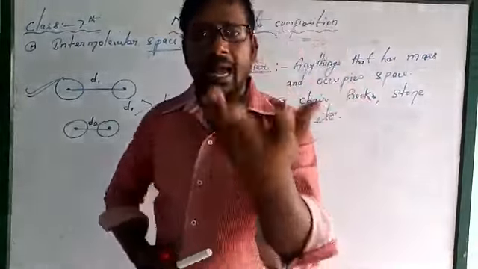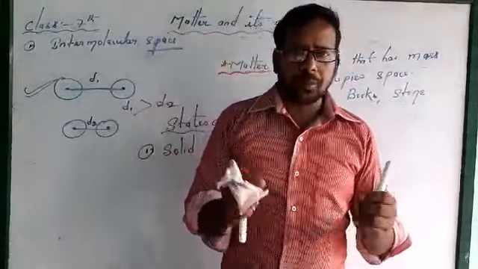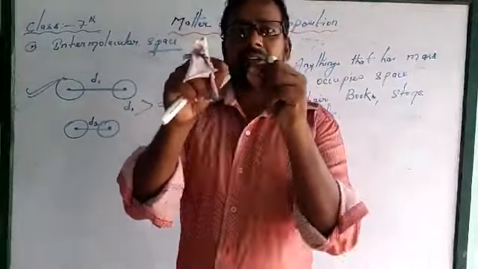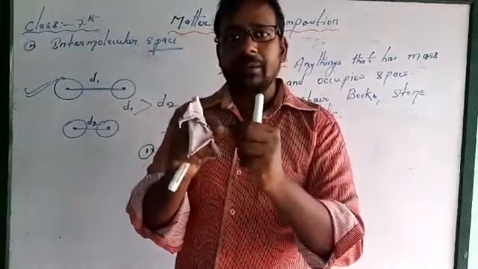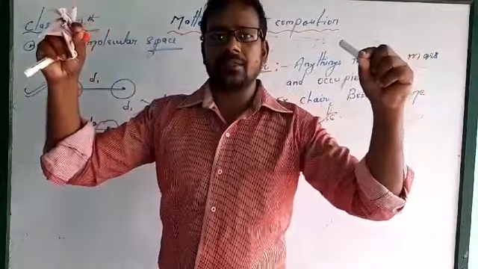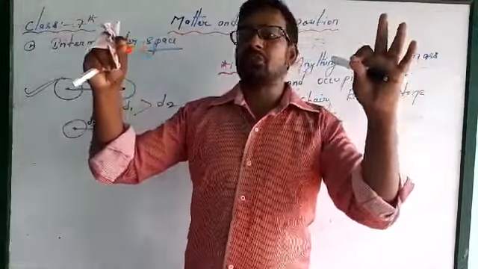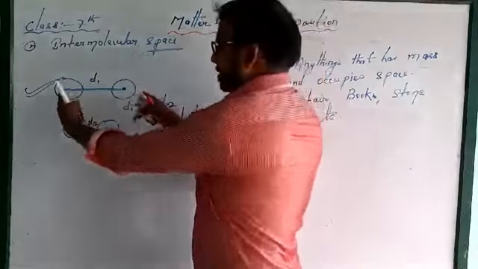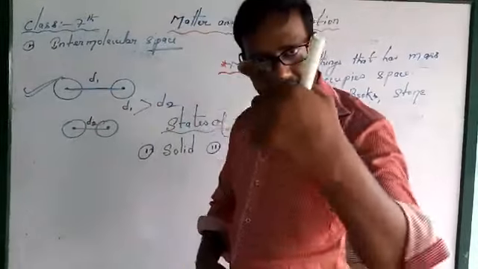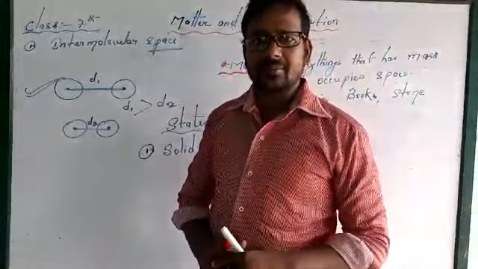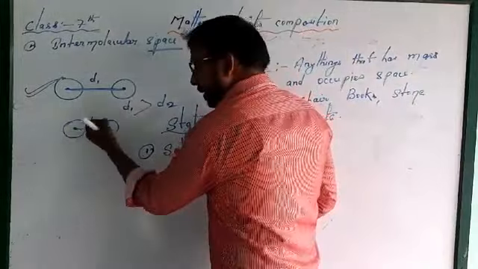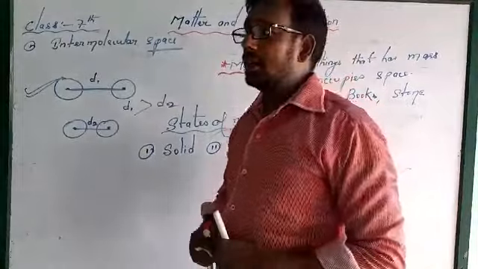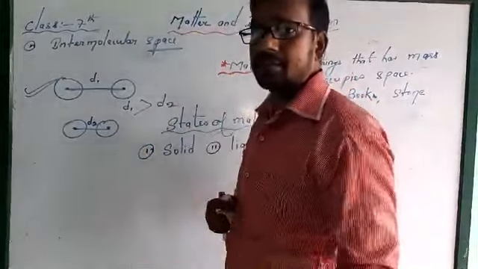Suppose I give you 2 magnets and you bring them that close together. Obviously, they will attract, and when you keep the 2 magnets that far apart, they are not going to attract. Means when space increases, attraction decreases, and when space decreases, attraction increases. So there will always be attraction between 2 molecules.